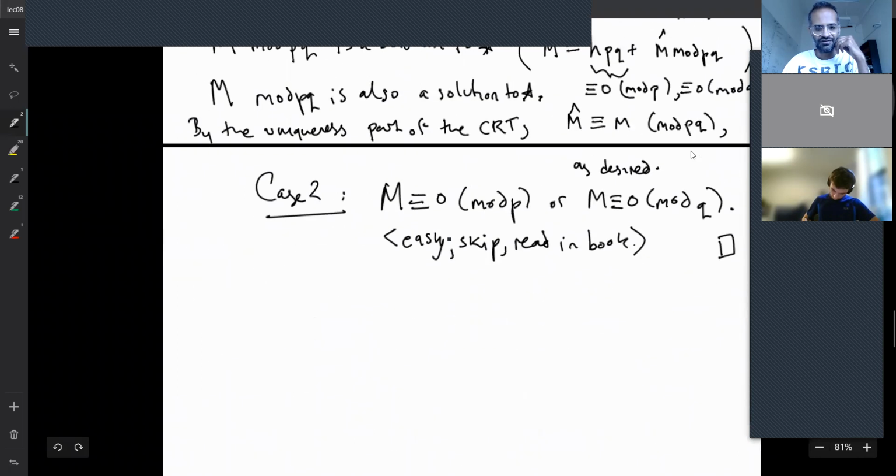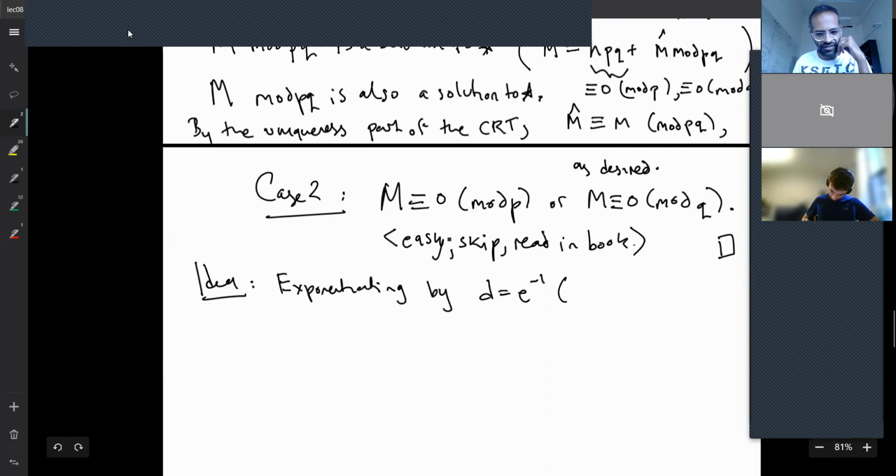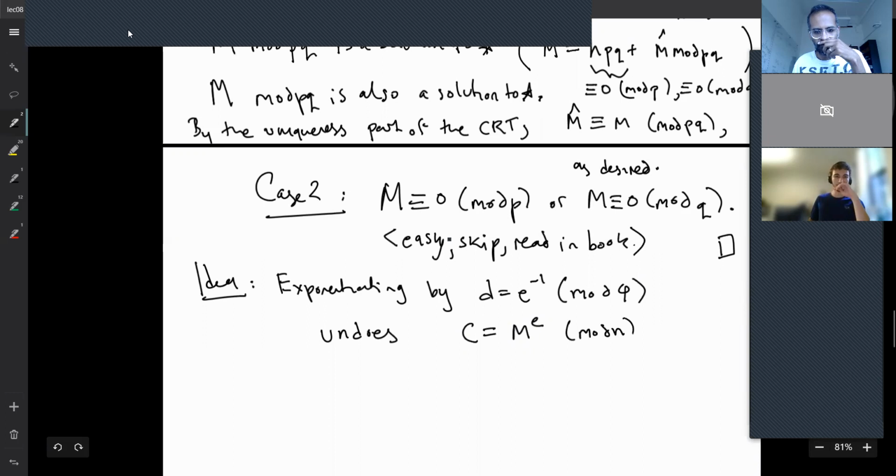The rough idea is that exponentiating by d, which is the inverse of e modulo phi, undoes this raising m to the e mod n. That's the rough idea. That you're somehow canceling the exponents, but you're doing it in this very specific way because Fermat's little theorem is involved.